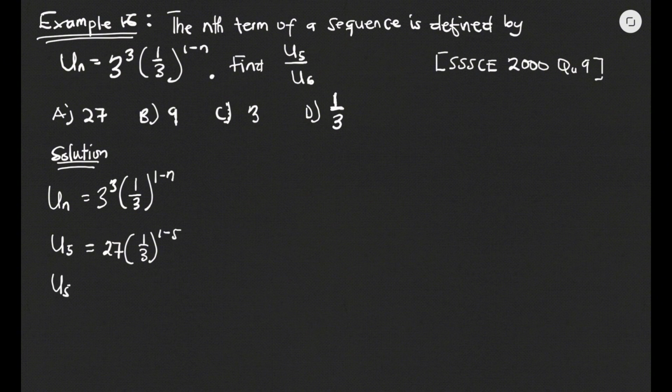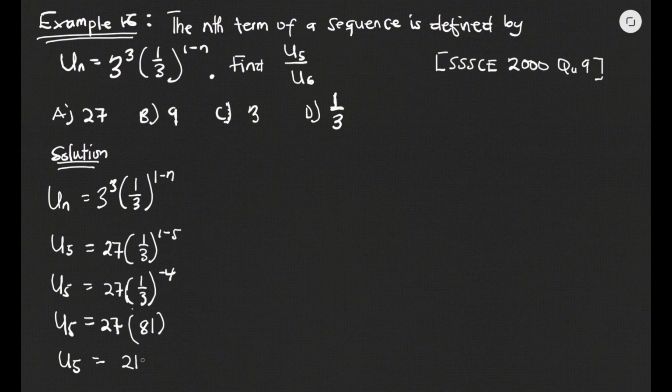So my u5 is equal to 27 into bracket 1 on 3 raised to the power 1 minus 5, which gives minus 4. Now I'll compute this side in the calculator. 1/3 raised to the power negative 4 will give me positive 81. And if I multiply that by 27, I am going to get 2187 as my answer.